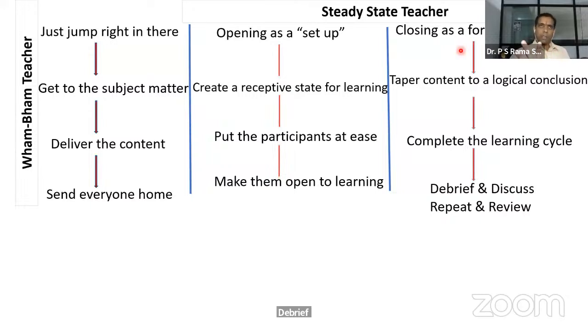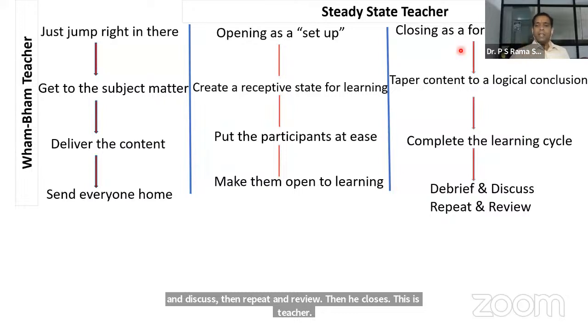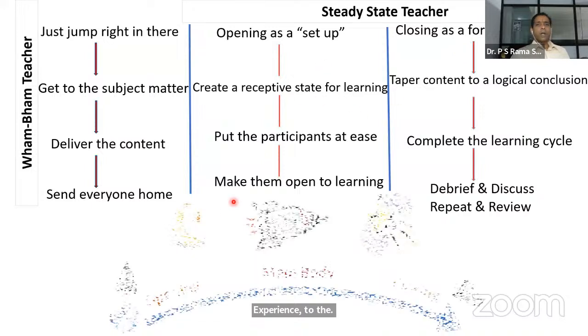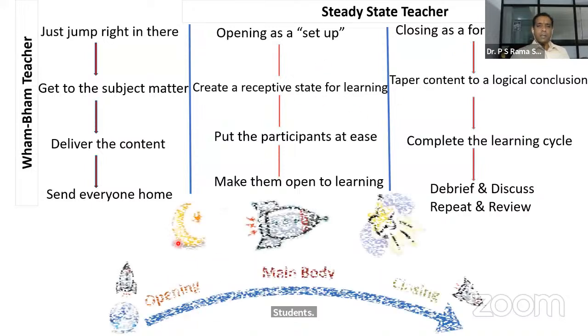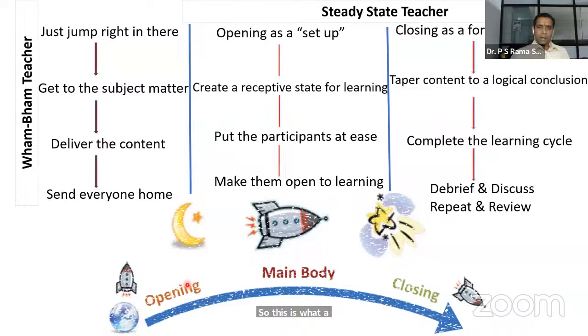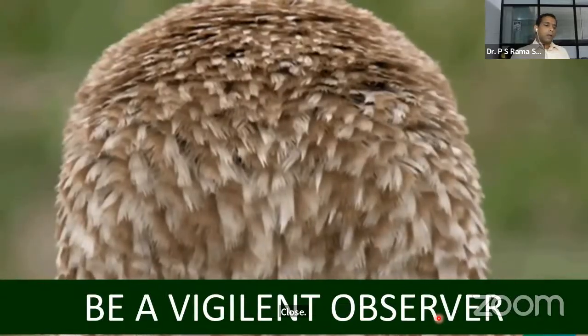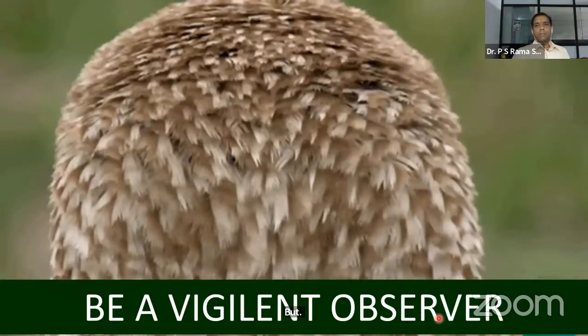So this kind of approach gives the best learning experience to the students. So this is a graphical representation. There's an opening, then there's a main body which is a steady state, and then the set down, close, right? So for this to happen, we need to have a vigilant observer.